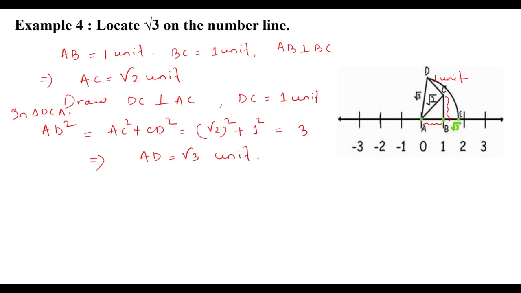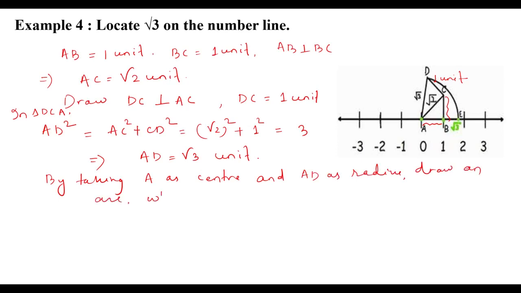So we have to represent root 3 on the number line. So by taking A as center and AD as radius, draw an arc which intersects the number line at E. So here AE is equal to root 3 unit.